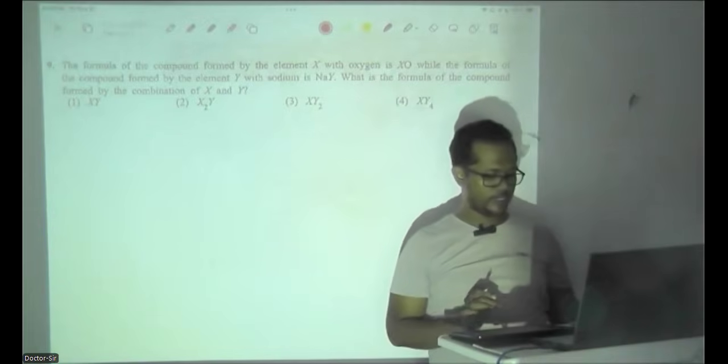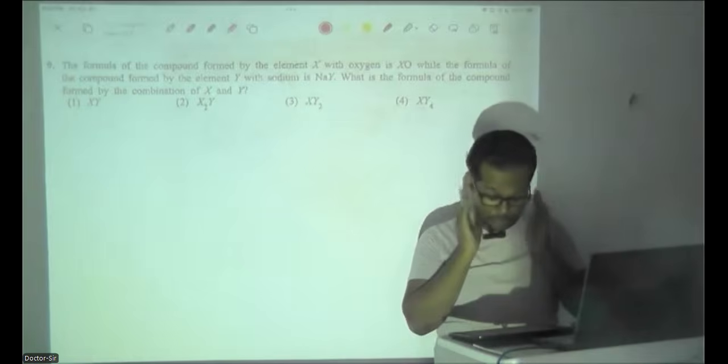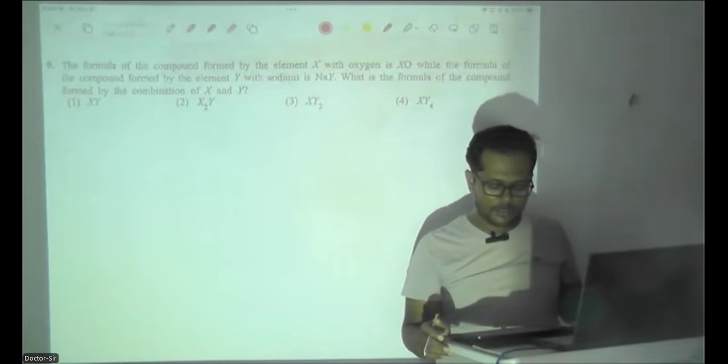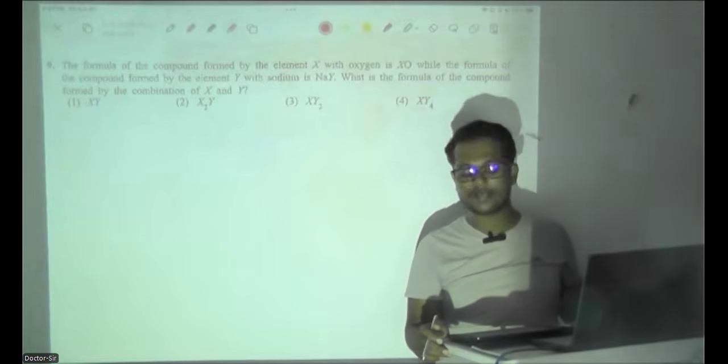Right. Now we'll go for the answer for question number 9. The formula of the compound formed by the element X with oxygen is XO.